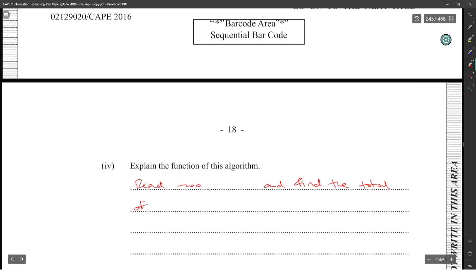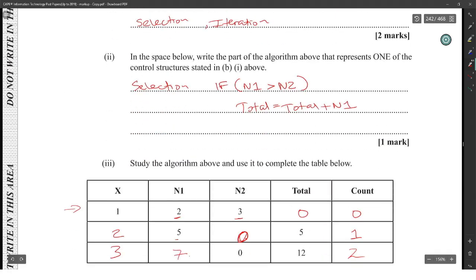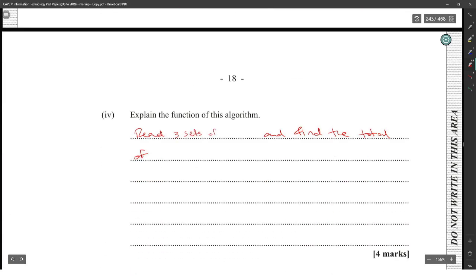No, read 3 sets of 2 numbers, because it's a loop that's going 3 times here. So read 3 sets of 2 numbers and find the total of the numbers where n1 is greater than n2. Keep a count of every time an addition takes place.